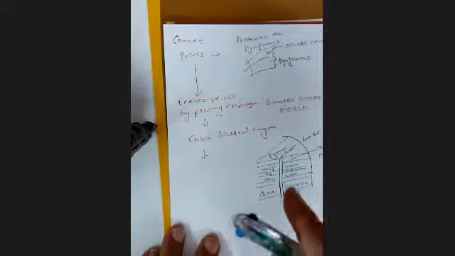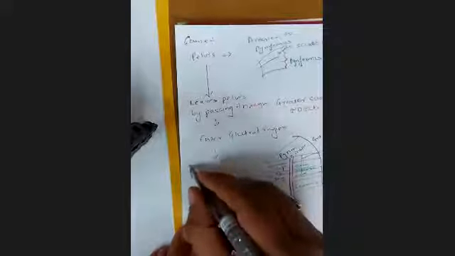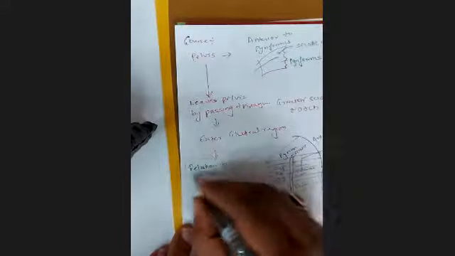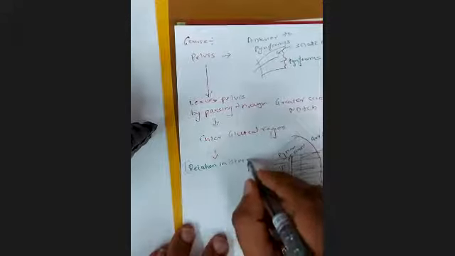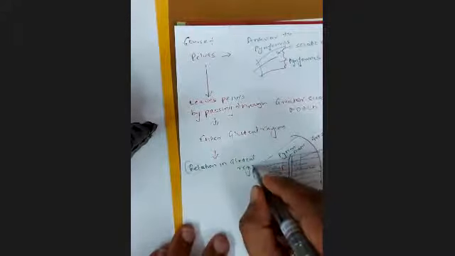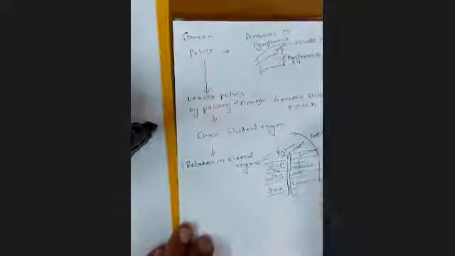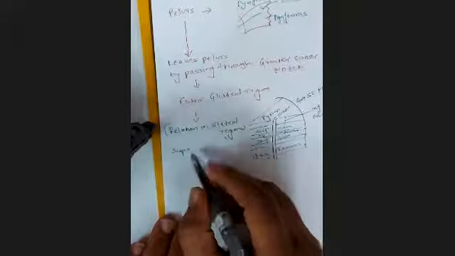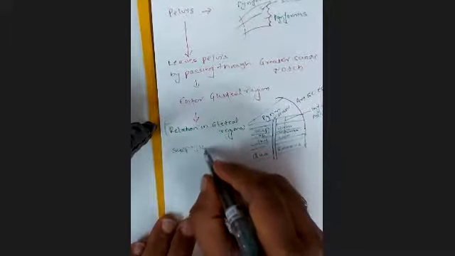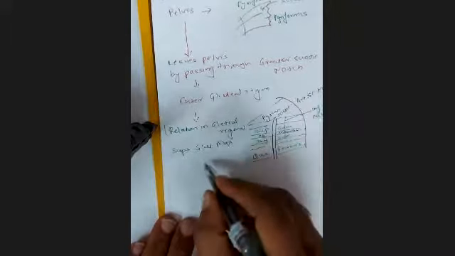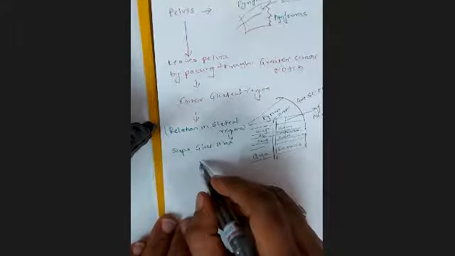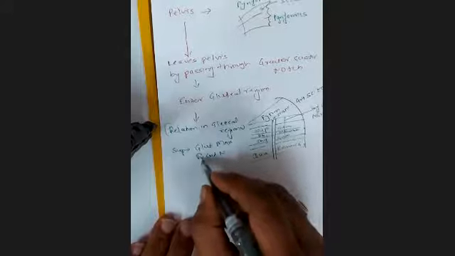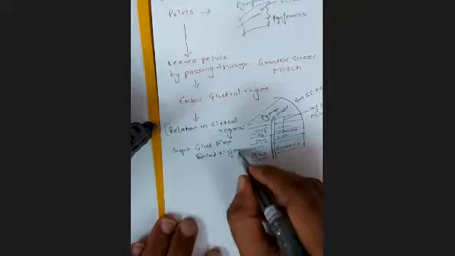So I am now going to write the relations in the gluteal region before we go ahead with the course. The superficial relation is the gluteus maximus muscle, and sometimes the posterior cutaneous nerve of the thigh.